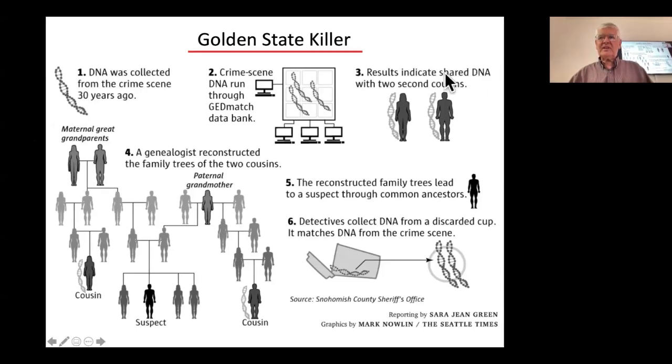And what that person came out with is there were two second cousins, people with pretty similar identity. And these second cousins had people they were related to, a few of them, that had gotten their DNA sequence. And so we go down to this chart now. Here was the suspect, right?